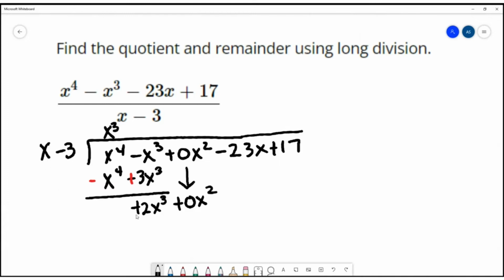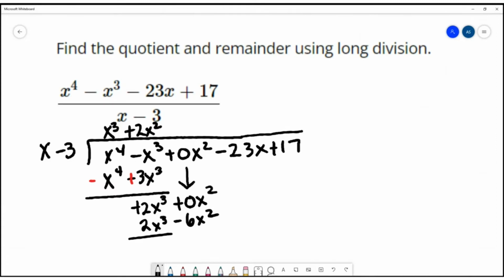We'll focus on the first terms again. X divided into 2x cubed is 2x squared. Plus 2x squared up here. We'll multiply that 2x squared times x. That's 2x cubed. 2x squared times negative 3 is negative 6x squared.